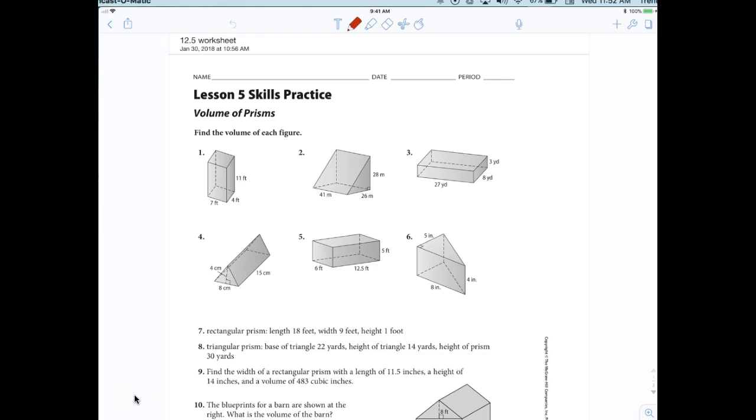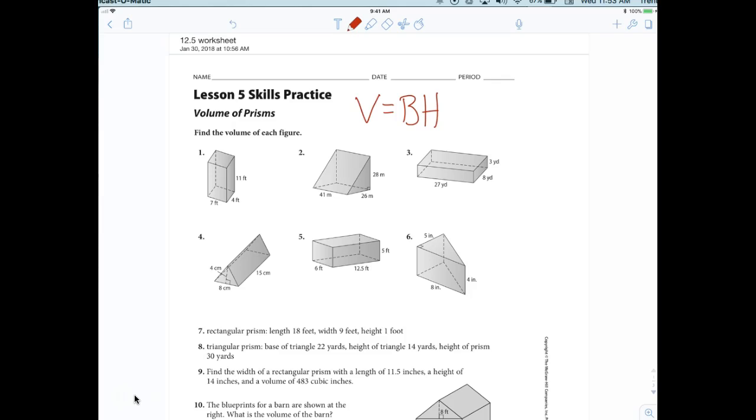Now, again, from last year, we had formulas for all of them. But now I want to put something at the top, and I want you to write this down. Volume is equal to capital B times capital H. That is a general formula for all volumes. Now listen to what I'm saying.